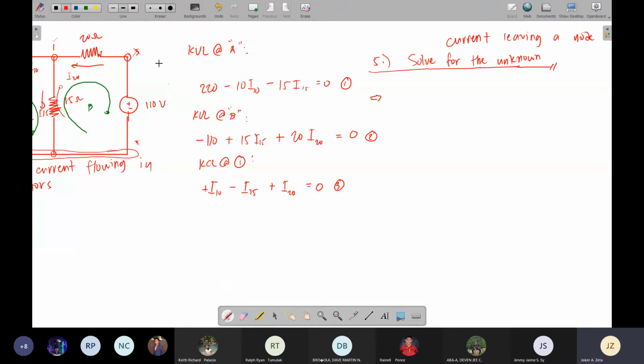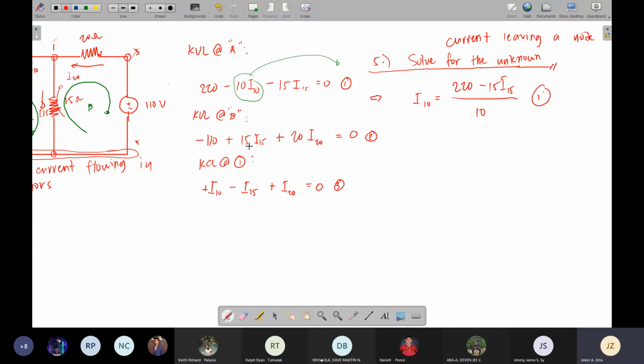Okay. How about this one, we transpose to the other side. This will be I10 is equal to 220 minus 15 I15 divided by 10. So that is equation 1 prime.